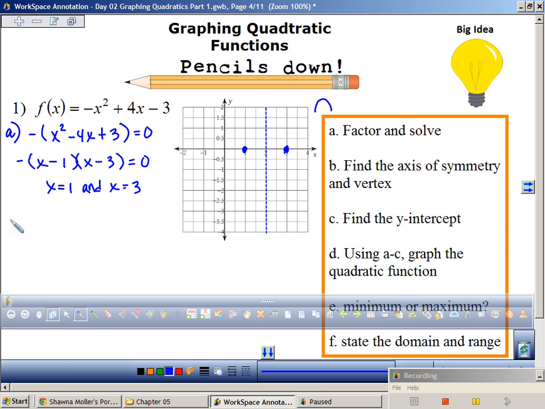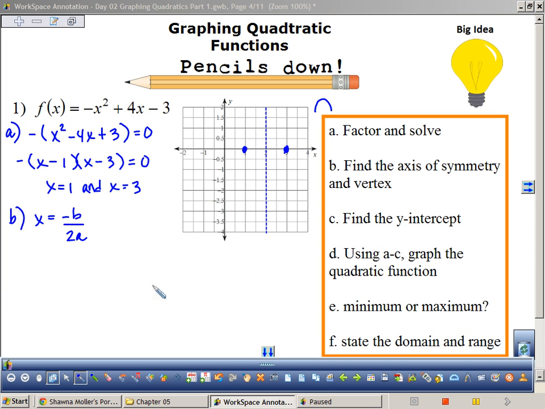All right, so B says, find the axis of symmetry and vertex. The axis of symmetry is x equals negative b over 2a. Okay, check this out, side note. x equals negative b plus or minus the square root of b squared minus 4ac, all over 2a.